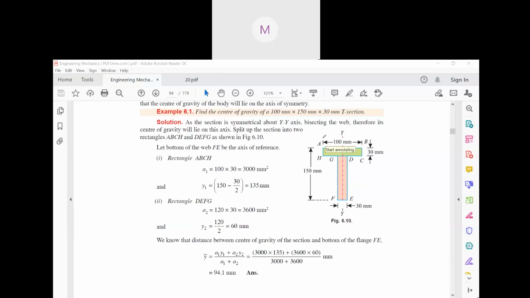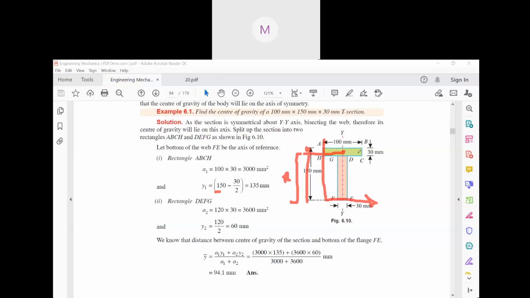You will have to find out this distance, right? That means from here, this is the center, and from this distance, so that you can locate the point here, right? So you have to find out this distance. Now this distance is how much? Look, the total distance is what? 150. Yes or no? The total distance is 150.